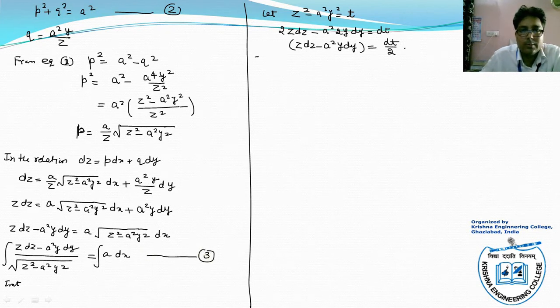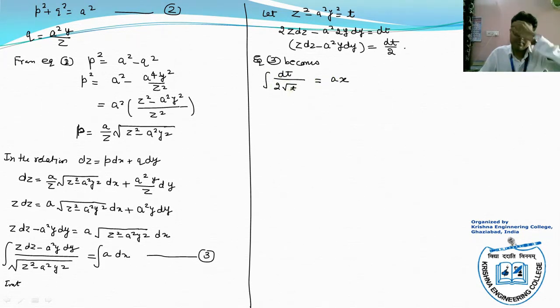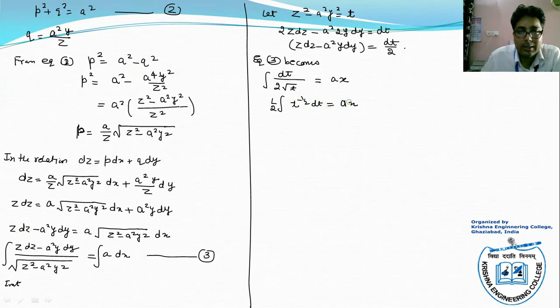Equation number third becomes dt upon 2 under root t is equal to a dx. Integrating t to the power minus 1 by 2 into dt, we get 1 upon 2 t to the power minus 1 by 2 plus 1 upon minus 1 by 2 plus 1 is equal to ax.